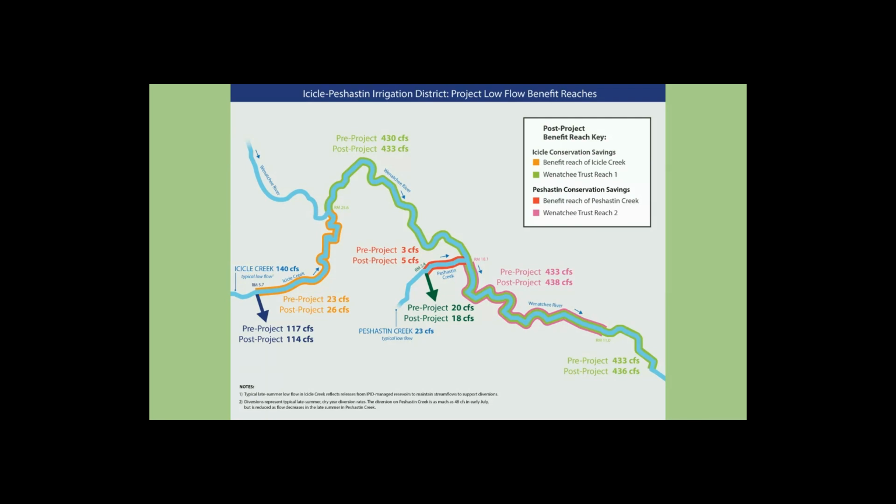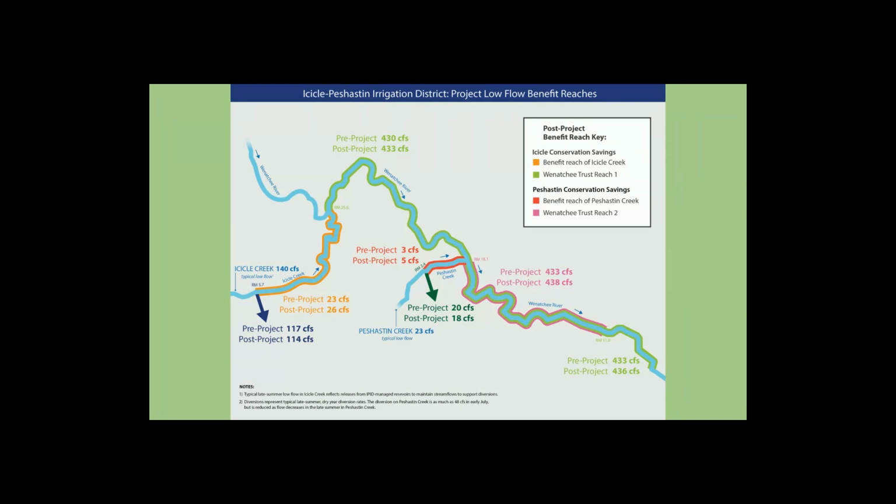Yeah, and I think I have a slide about this, Tracy. So the 10 CFS is what Icicle Peshastin Irrigation District has pledged for conservation for in-stream flow in Icicle Creek. That's part of the Icicle strategy, right? I saw those notes, Dan had sent me notes about that. So it was not 10 CFS for this application.